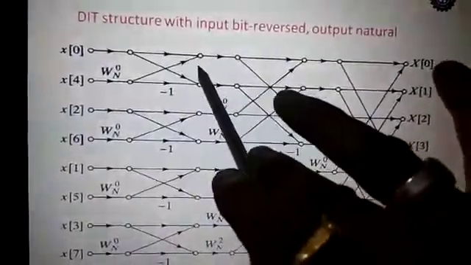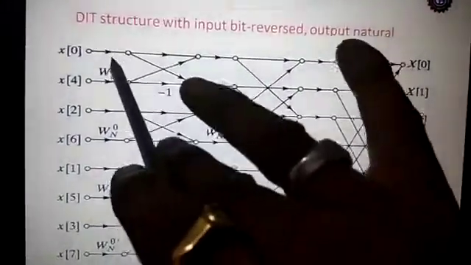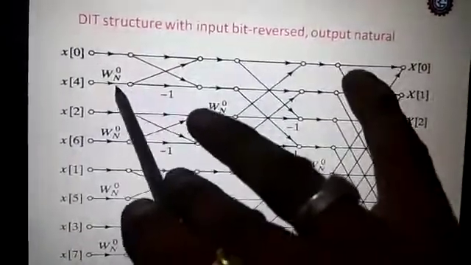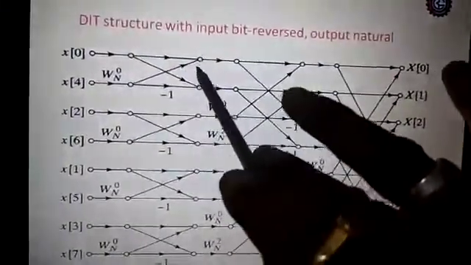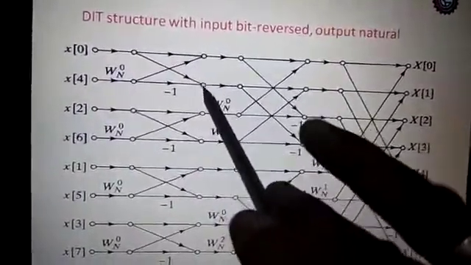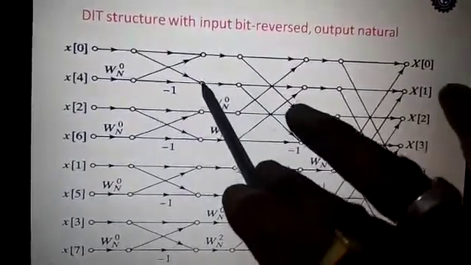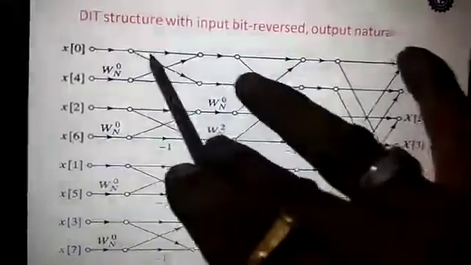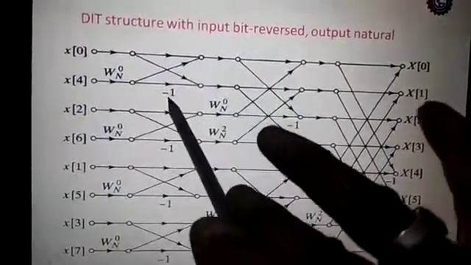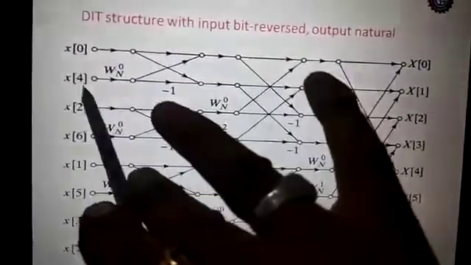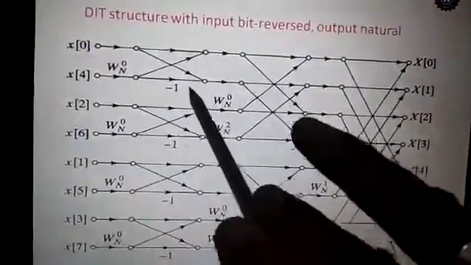You will get here the output, x of 0 plus omega N 0 into x of 4. While here you will get the output x of 0 minus omega N 0 x of 4.